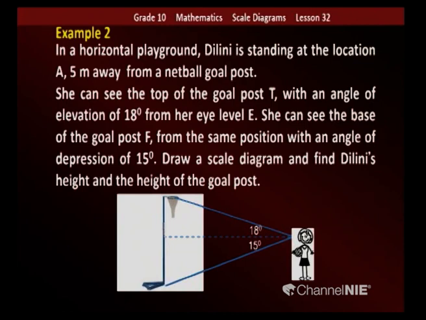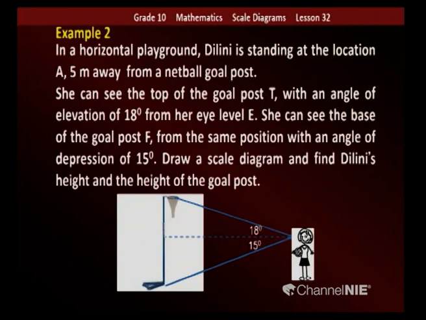This is another example in the textbook. Example number 2. Shall we read this? Okay. In the horizontal playground, Dilini is standing at the location A, 5 meters away from a netball goal post.